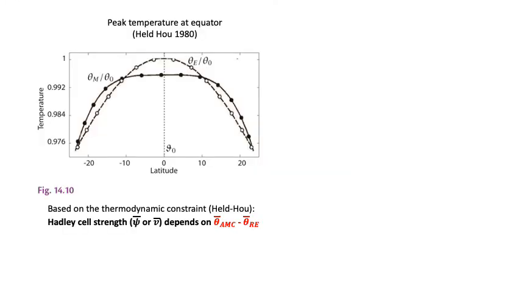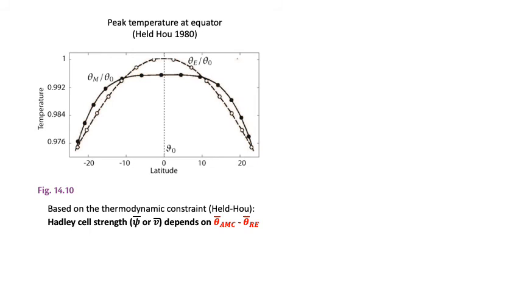So we can just go back to this. The Held-Hou theory assumed that the peak temperature was right at the equator. This is now showing in both directions how, in the dashed line, the radiative equilibrium solution, normalized by the peak temperature, is now what's used for theta naught here.